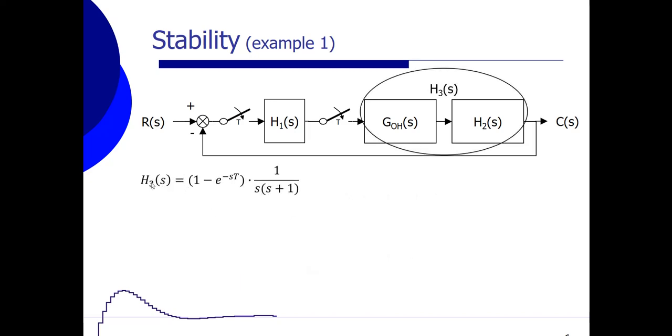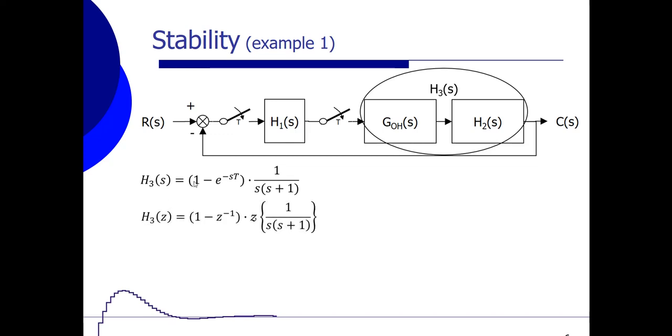This was my H3, which is 1 minus e to the power minus sT over s, and this is H2, 1 over s plus 1. So this is a combined function H3, and we are going to transform that to the Z domain, so we are taking the Z transform of this complete system.